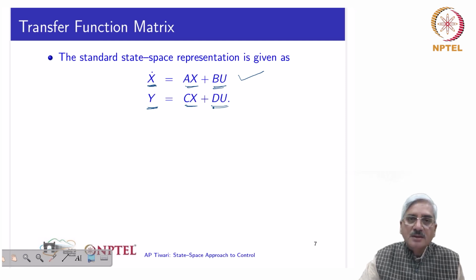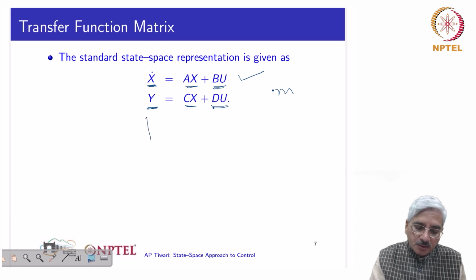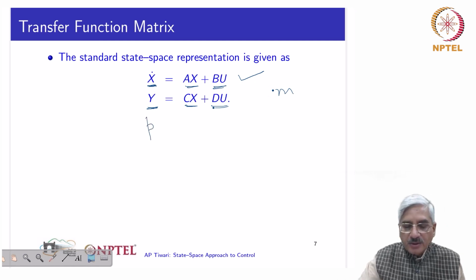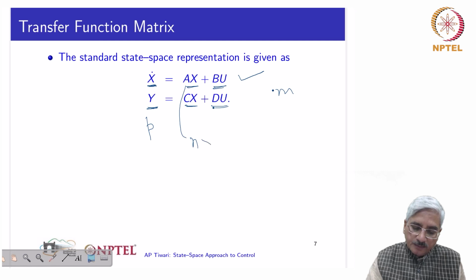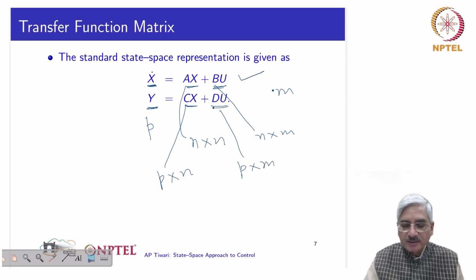The dimension of the state vector is n, the dimension of the input is m, and the dimension of the output we assume is p. So accordingly the matrices A, B, C and D are respectively n by n, n by m, p by n and p by m.